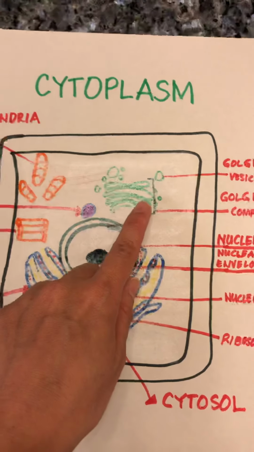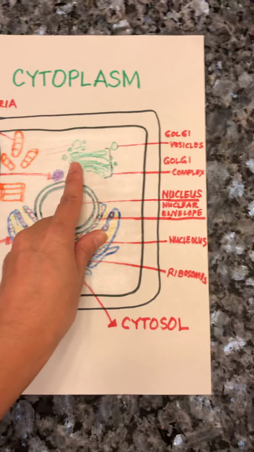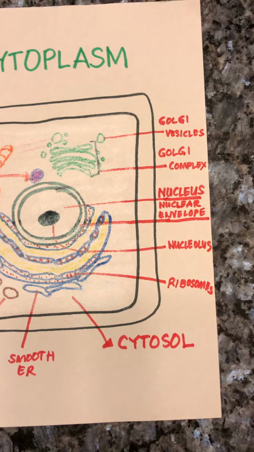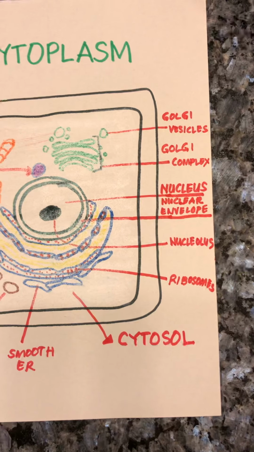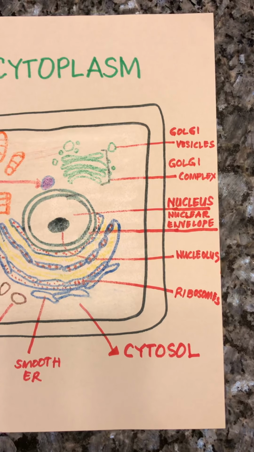Then we have the Golgi complex. That's the green part right here. So what is the Golgi complex? It's made of flat sacs called cisternae, puts the final touches on peptides and protein synthesis, and also synthesizes carbohydrates.